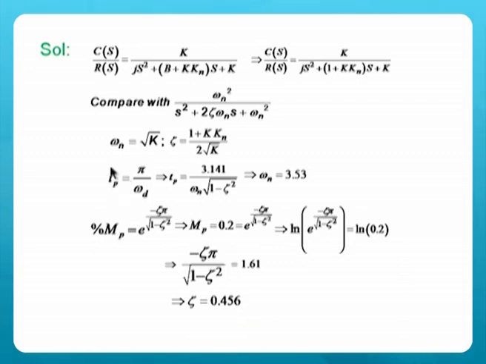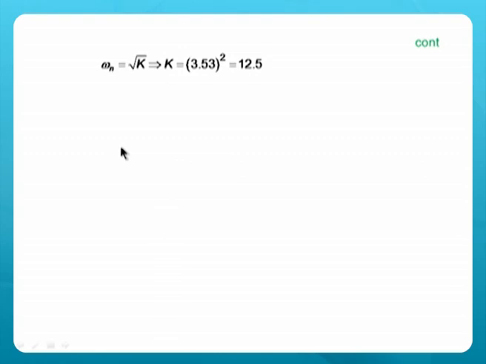So peak time 1 second was given in the problem. Equate this function to 1, get omega n. Then peak overshoot was given in the problem as 0.2. Equate to this equation and solve for it, get zeta 0.456. Now once you get zeta and omega n, you need to get k as 12.5 and equate zeta to this function.